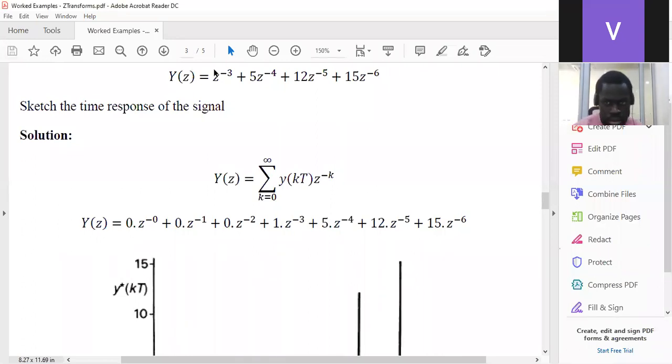I'm just writing this as this. But then, since we're not given Z minus 1, Z minus 2, I'm putting 0 there. So this is just the definition of the Z transform.